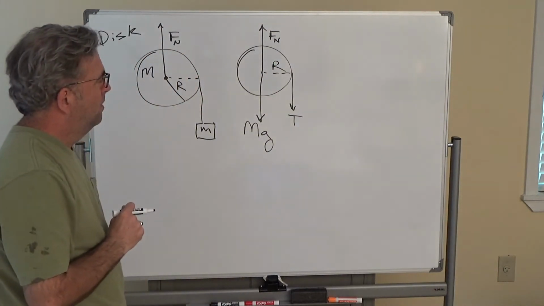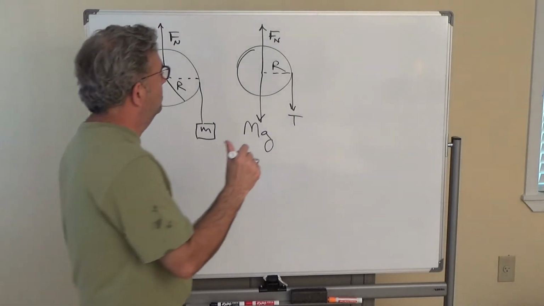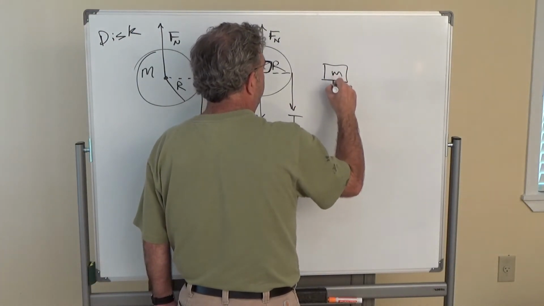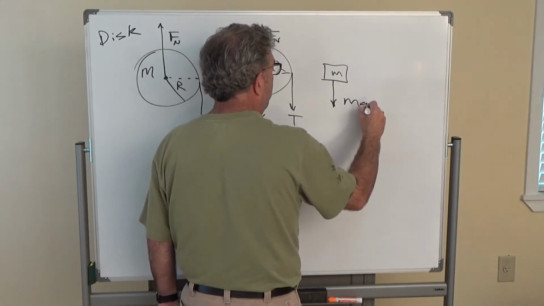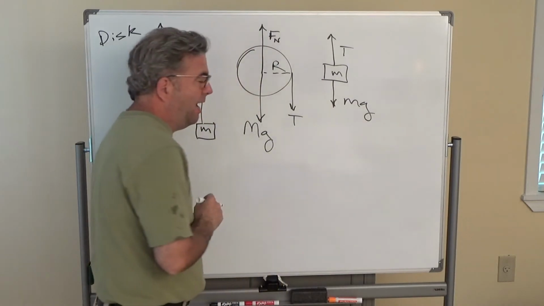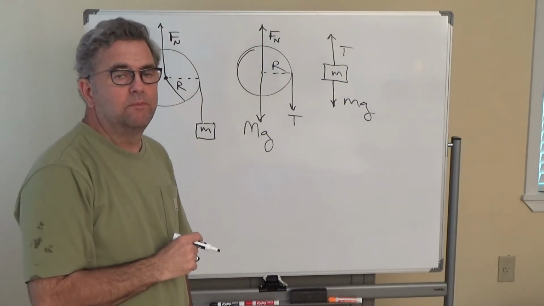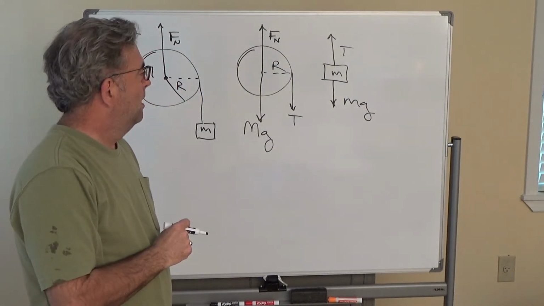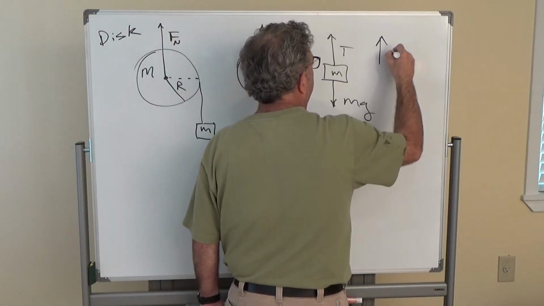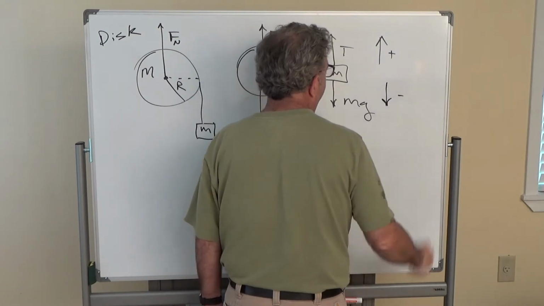All right? For the hanging mass, that's pretty simple. We've done this over and over again. There's the tension and mg. Okay? Now, I'm going to make up positive and down negative.